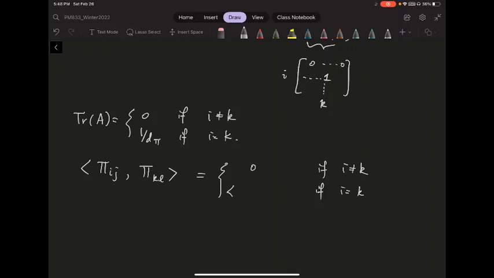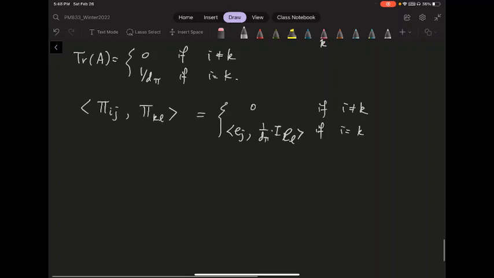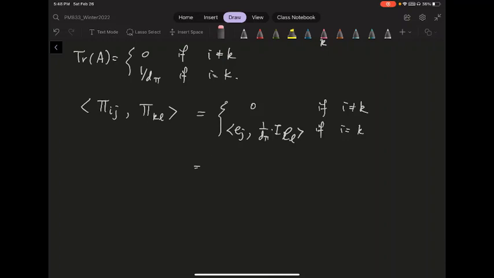A is going to be 1 over d pi times the identity, but we're testing it against two vectors again. I'm testing against EJ, and then I apply the right hand side to EL, and this inner product is again going to be 0 if J is not equal to L. Overall, if I use the Kronecker delta, if I and K are different, then we get 0, otherwise it's 1.